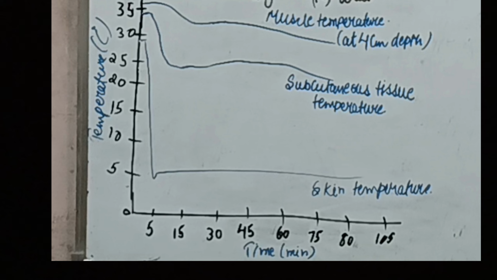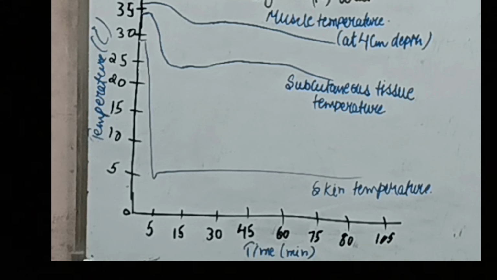Now in this graph you can see the temperature changes with time which is occurring in different tissues. For example, the lowermost curve, that is of the skin. Here initially the temperature was between 25 and 30 degrees Celsius. Okay, it reduced to 5 degrees Celsius. That is, a lot of change has occurred in the temperature of skin.